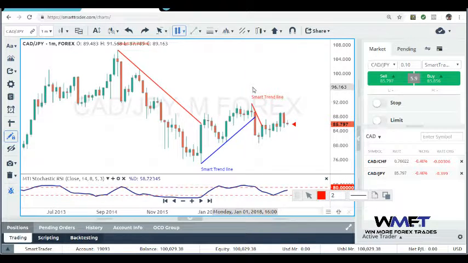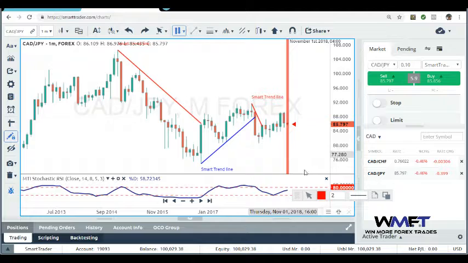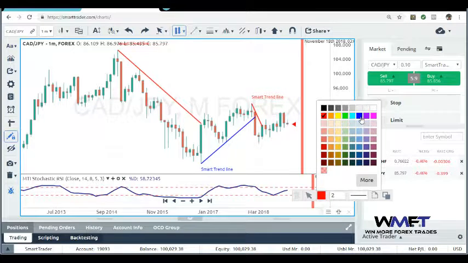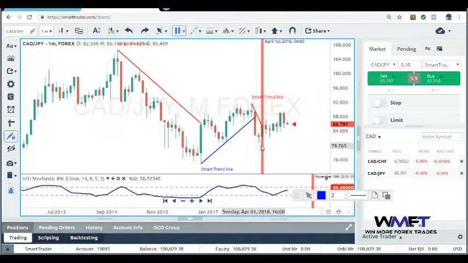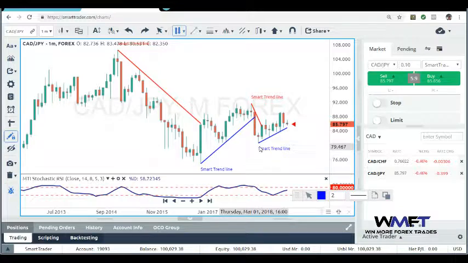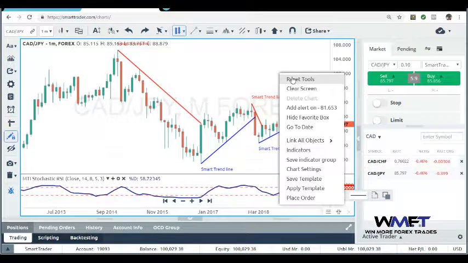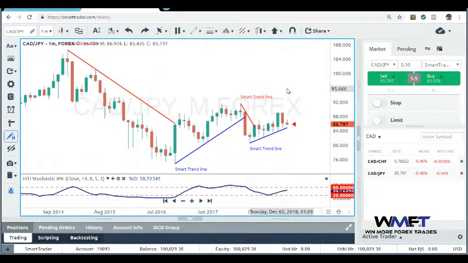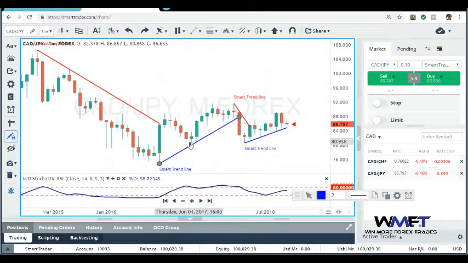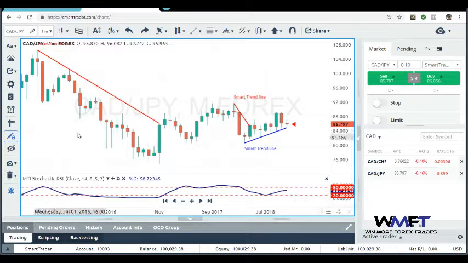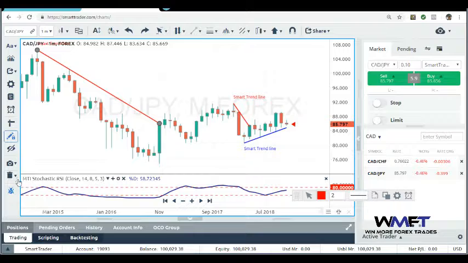That one was taken out as well. So now let's bring in a new one here at the lowest point, and we have us a trend line here. Get rid of these, because these trend lines are no longer any good.